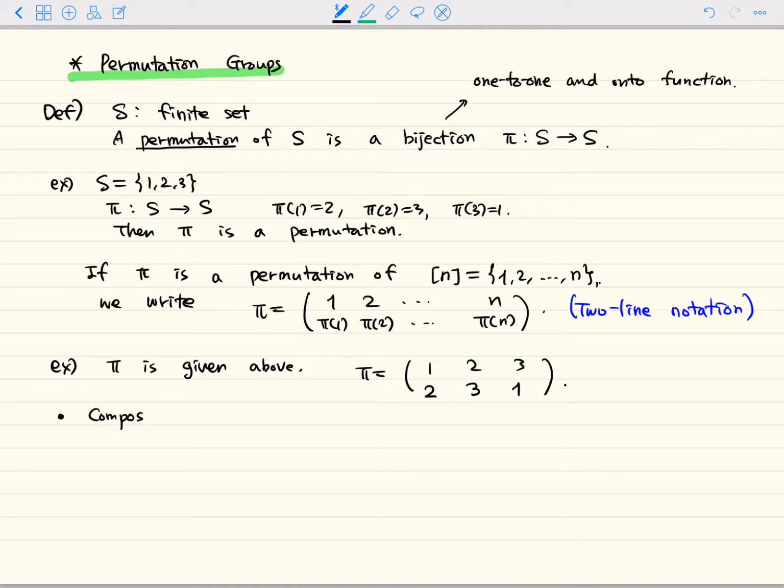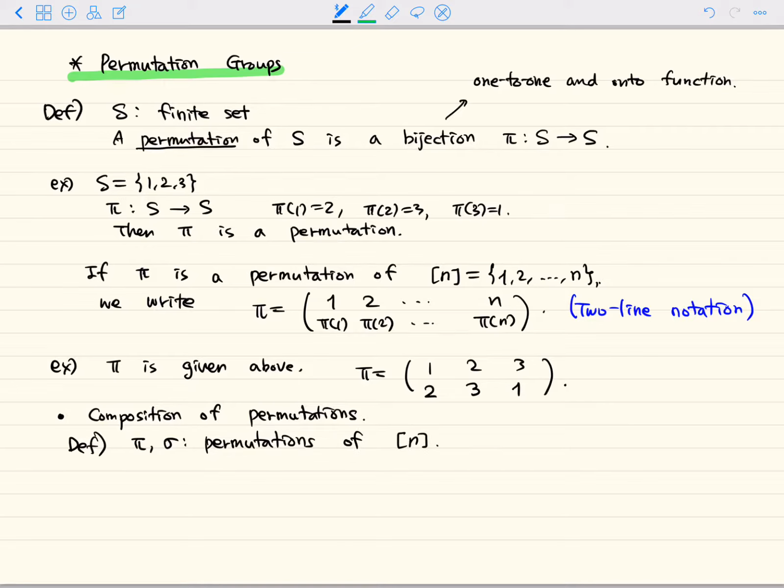So, composition of permutations. Definition. Let pi and sigma be permutations of the same set [n].